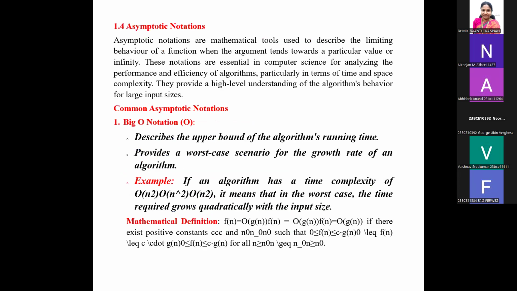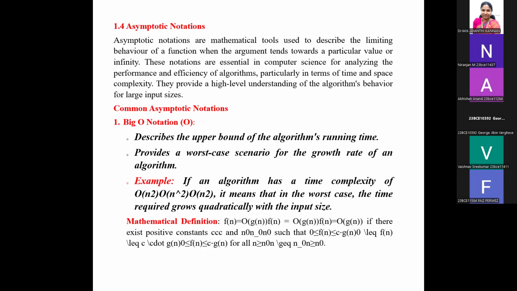So what does asymptotic notation mean? It is a mathematical tool used to describe the limiting behavior of a function when the argument tends towards a particular value or infinity. So using this notation, we are calculating the time required to run the program as well as the space required to store the program by using mathematical formulas.